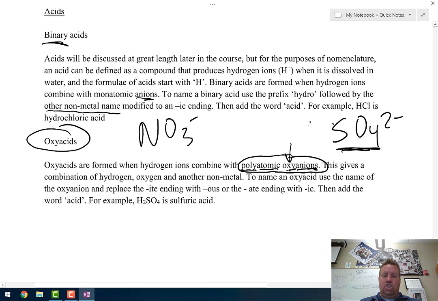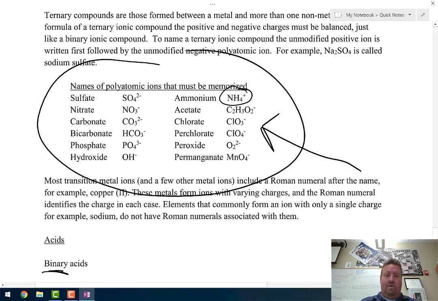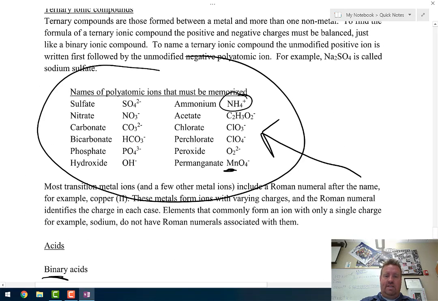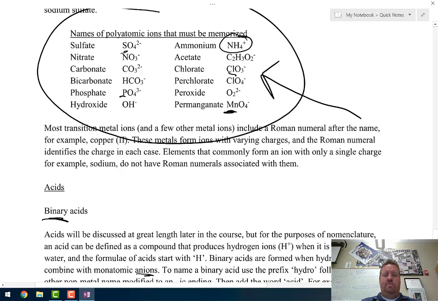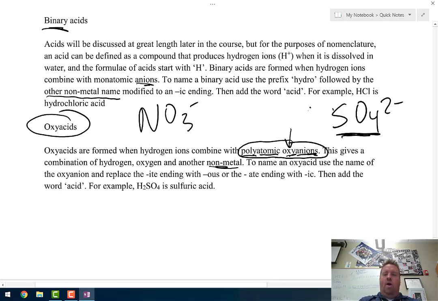Now, how does that change? This gives us a combination of hydrogen, oxygen, and sometimes a metal, sometimes another non-metal. For example, here on permanganate, that's a metal. In general, it's one or more non-metals, like phosphorus, chlorine, sulfur, etc. Now, to name an oxyacid, you use the name of the oxyanion and you replace the ITE with OUS or the ATE with IC.